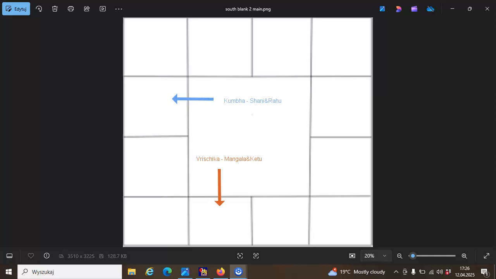Here comes my remark. Let's imagine we've got Mangala in the sign of Makara and Ketu in the sign of Mithuna. Then we need to establish which of these two co-rulers becomes stronger. How do we do that?